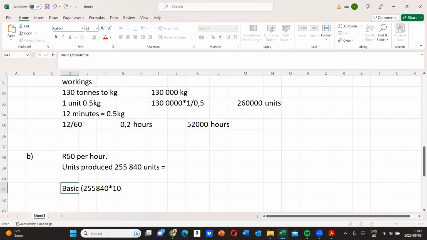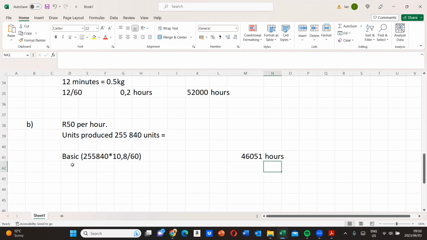So multiply by 10.8 and divide by 60, so that we're able to determine the total number of hours it took us to make these units. These are the hours it actually took us to produce those units.